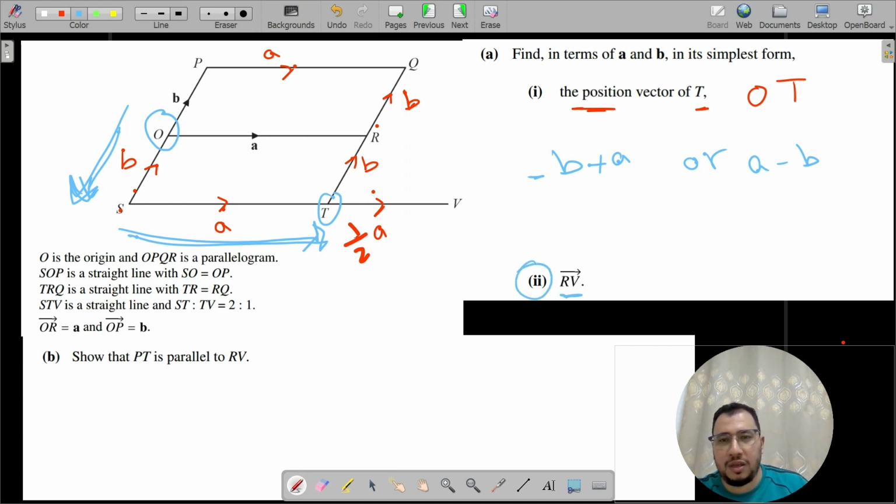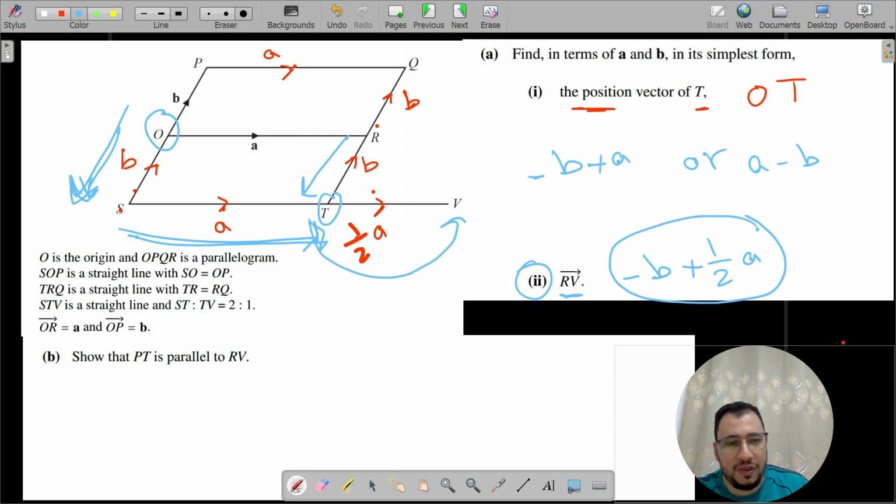Find RV. I need to go from point R to point V. Okay, let's do that. So we are going in this direction here, which is negative B, plus, now we are using this part here, which is half of A. Okay, so negative B plus half of A.